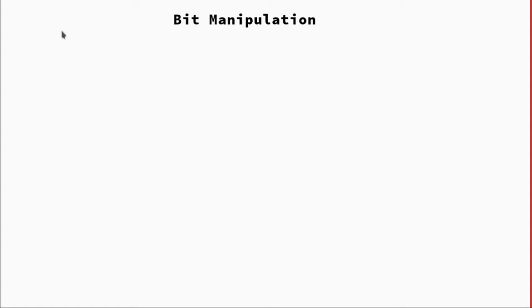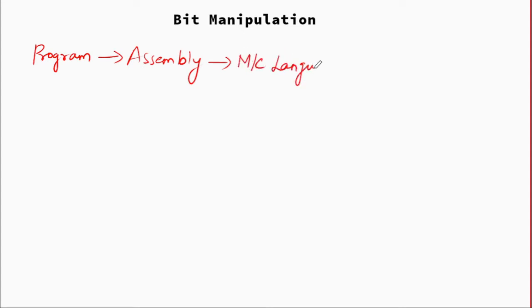Let's say that a program has been written, and that is compiled and converted into assembly code, and this assembly code is converted into a machine-level language, which is generally in the form of zeros and ones.